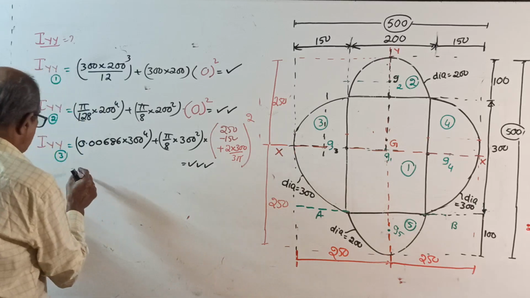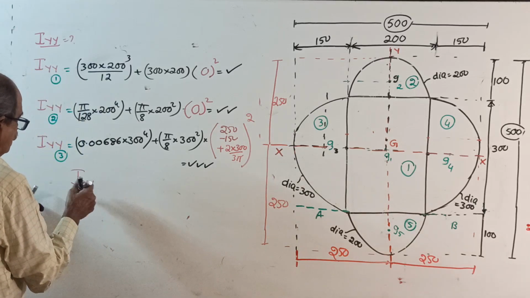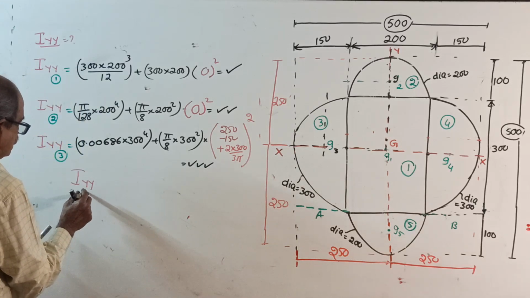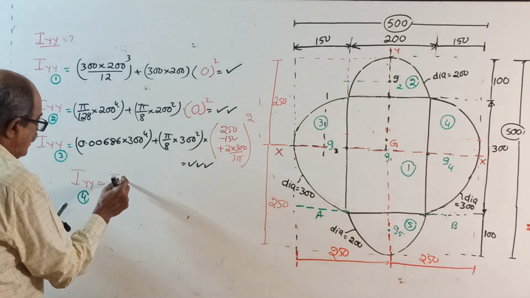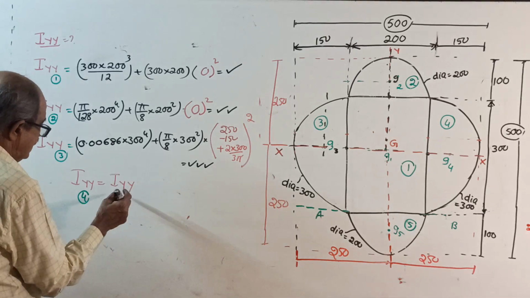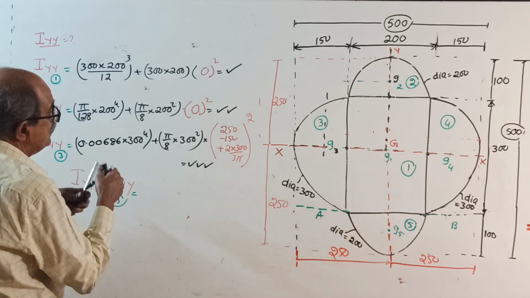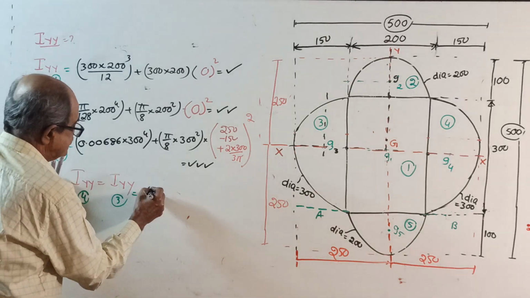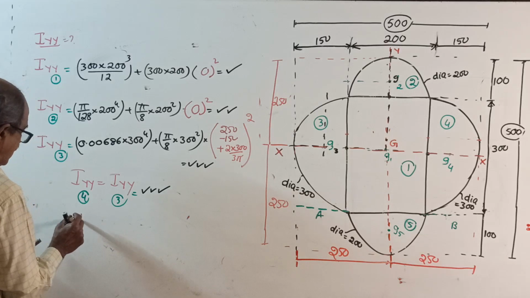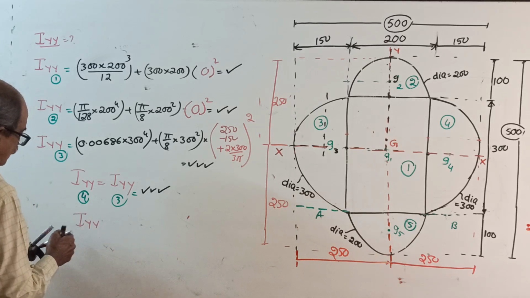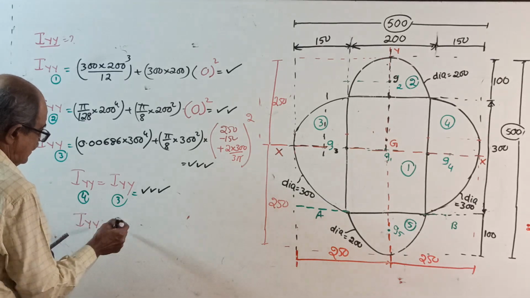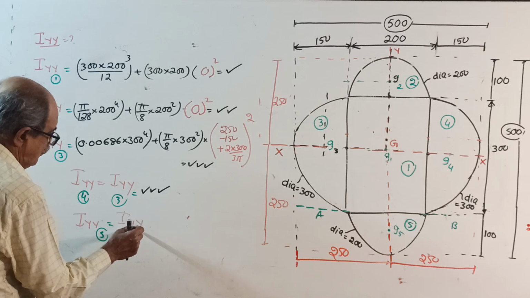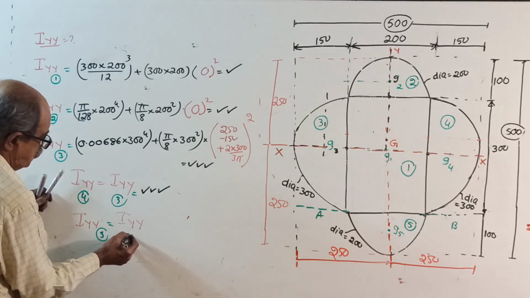Then IYY for 4 equal to IYY whatever you got for 3. So what you got for 3, write the answer once again. Then IYY for 5 is same as IYY for which one? 2.